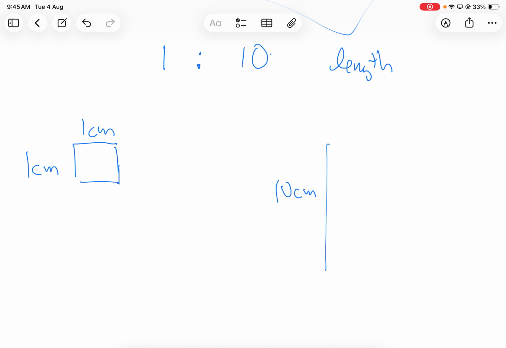From 1 is to 10 become 1 is to 100. From 1 is to 2 become 1 is to 4. Can you try to link them? What is the relationship?